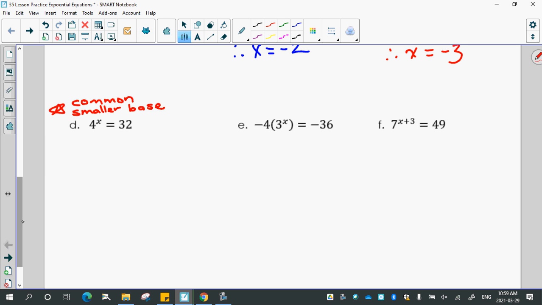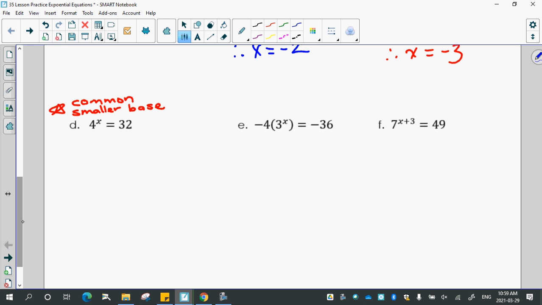Okay? So then what you want to do is see, can I rewrite 4 and 32 with a smaller common base? What would that smaller common base be? 2.